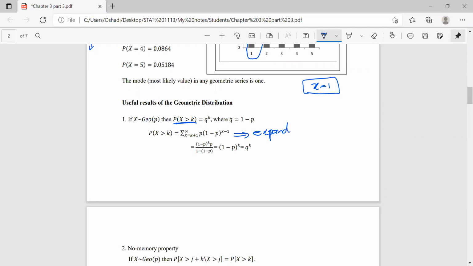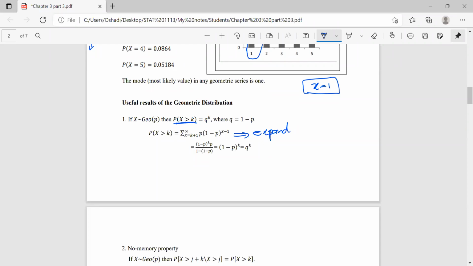How can we expand this? We can substitute the values k plus 1, k plus 2, k plus 3 up to infinity. After expanding the equation, we can use the summation of a geometric series, right? In mathematics, you learn how to add up a series that follows a geometric series.